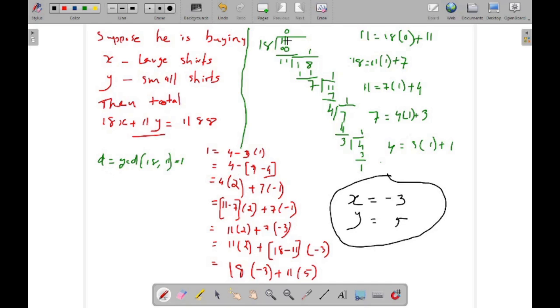Then let us see the steps of finding this GCD using Euclid's division lemma. Then take the backward replacement.